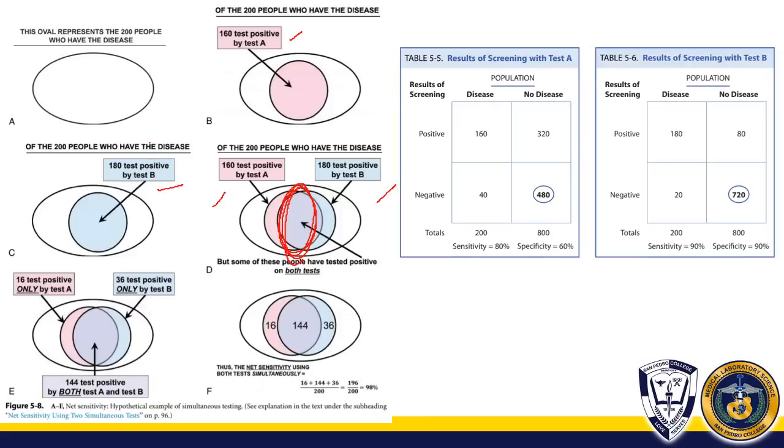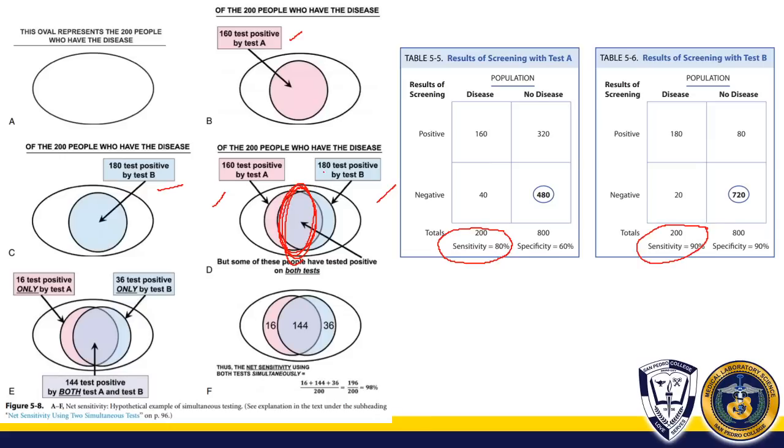So, let us refer to this table. Again, this is the same. Kumbaga, atong gihimo, gi-transform lang nato into a 2 by 2 table. So, dali ra tanawon. Test A has a sensitivity of 80%, while test B has a sensitivity of 90%.